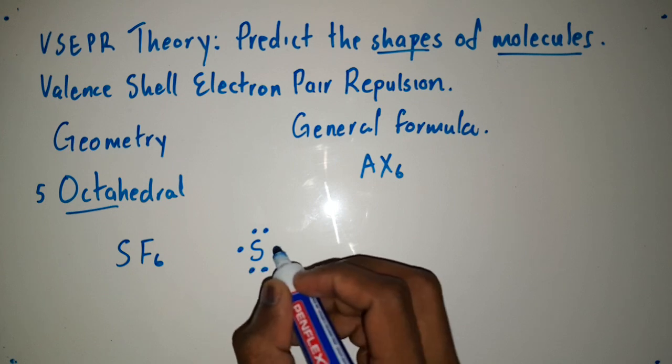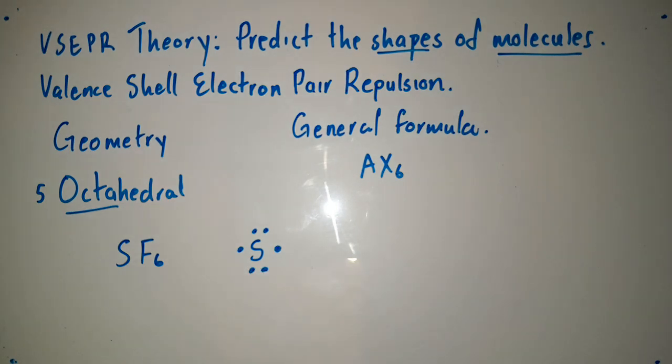Sulfur is going to use all of its valency electrons. Same applies to phosphorus and sulfur, both of them are exceptions. They have that ability to use all of their valence electrons in order to form some bonds.